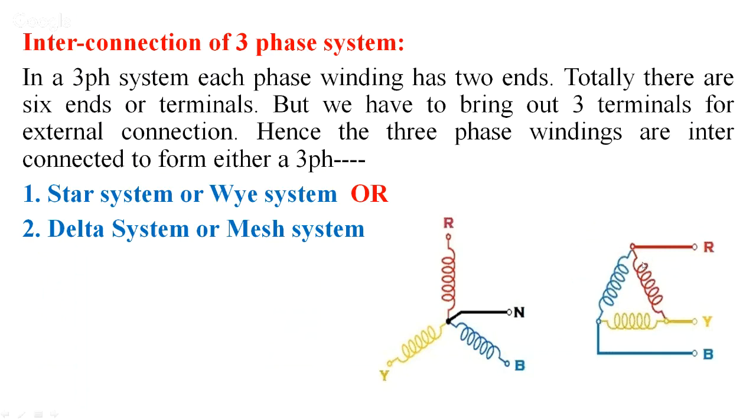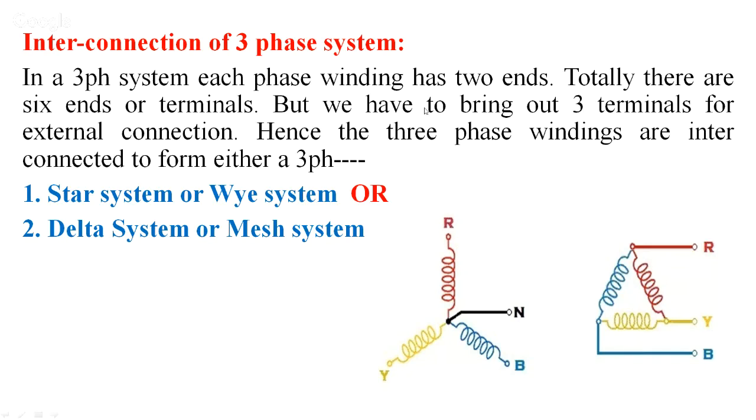For example, suppose you call this end A and the other end A bar. Here you call it B and this end B dash. This is C and this end is C dash. Then A is connected to C dash, A dash is connected to B, B dash is connected to C. So the start and finish of the windings are oppositely connected here.